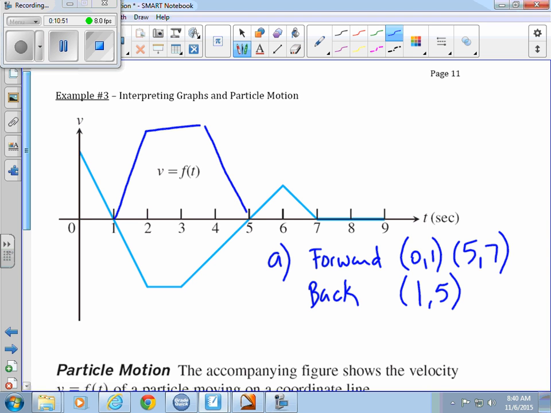Everyone agree? If you're speeding up, the speed is increasing. So from 1 to 2 and from 5 to 6. And because we have a graph, that is not too terrible to do. Now yesterday, we felt like that option was terrible. Why? We didn't have a graph, right?